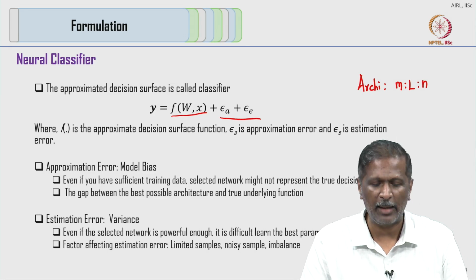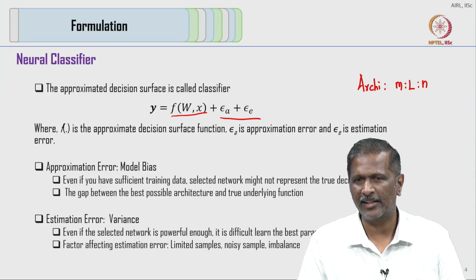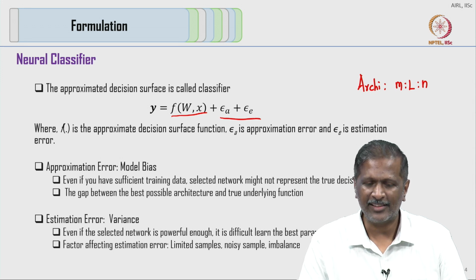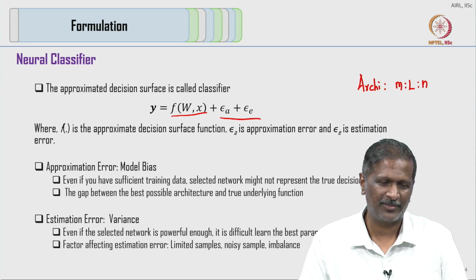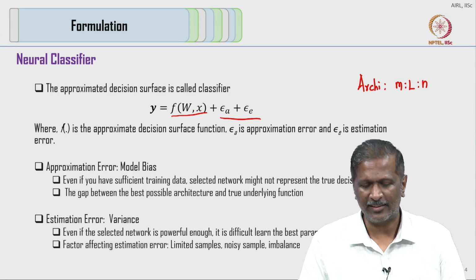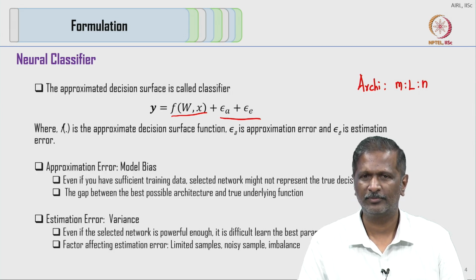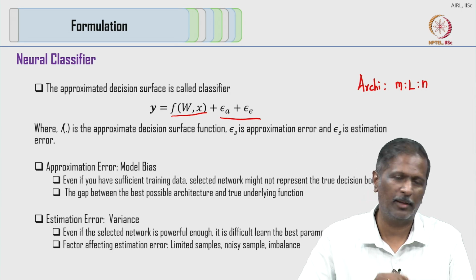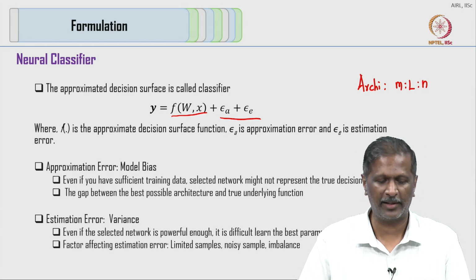There is always a gap between the best possible architecture and the true underlying function. That is what I am calling model bias. What is the estimation variance? Even if the selected network is powerful enough, it's difficult to learn the best parameters, that is, finding the true W.